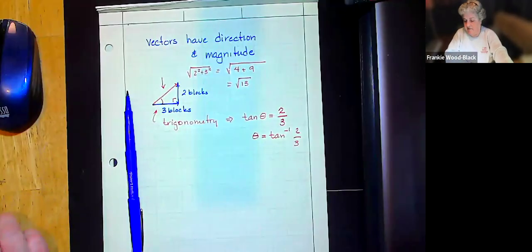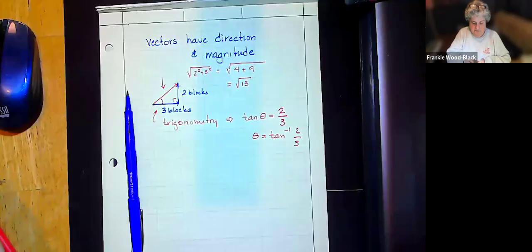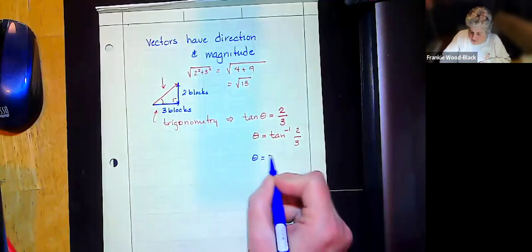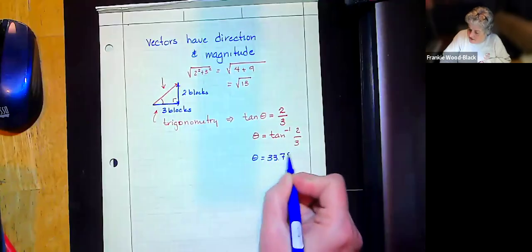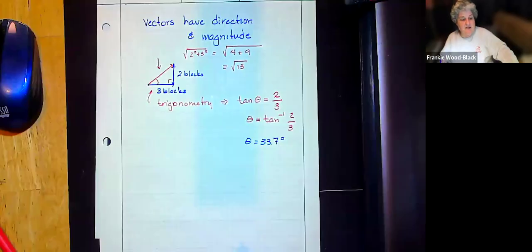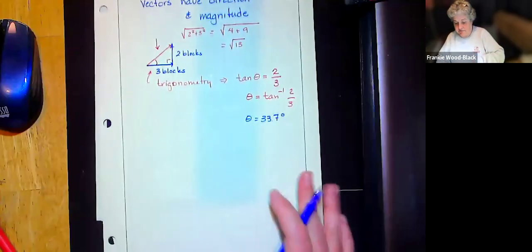And if I do that, that gives me my angle is equal to 33.7 degrees. And that's the kind of stuff we were doing at the very beginning of the semester.